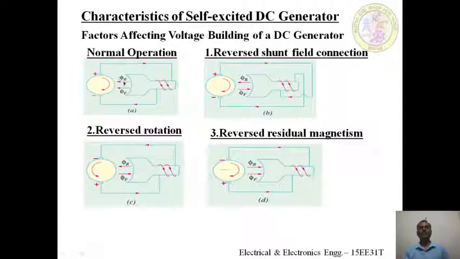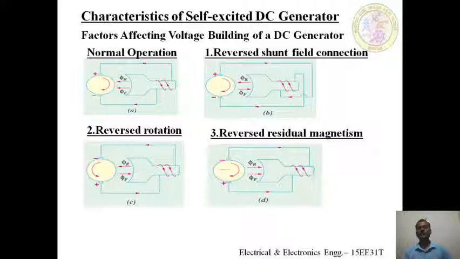Thus, in the normal operation, it generates the voltage. Its polarity is shown here, plus minus. Here it is minus plus. If residual magnetism is reversed, if residual flux is reversed, the generator will build up its voltage in reverse direction. Even it is possible to change the residual flux. For that, there is a process.